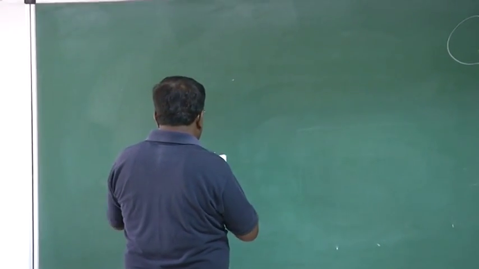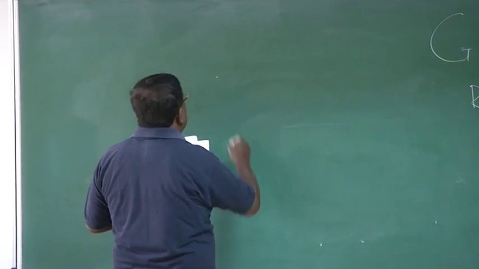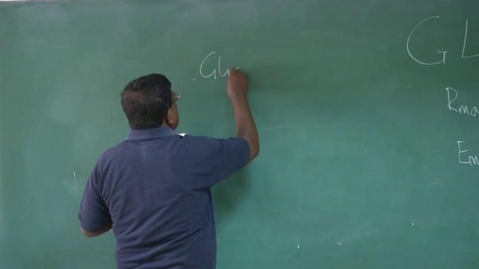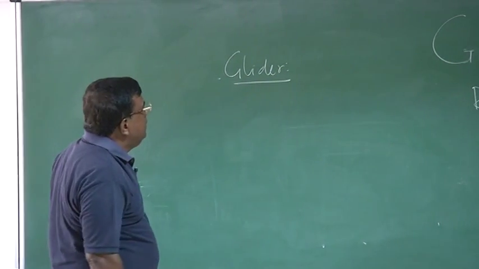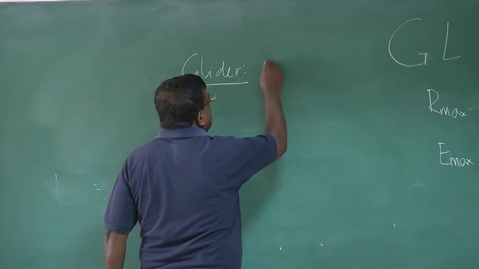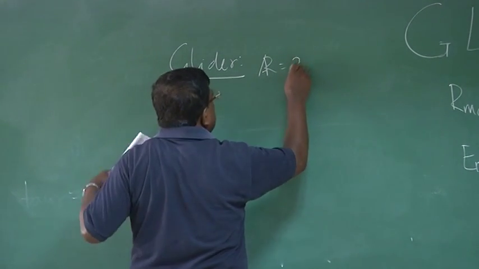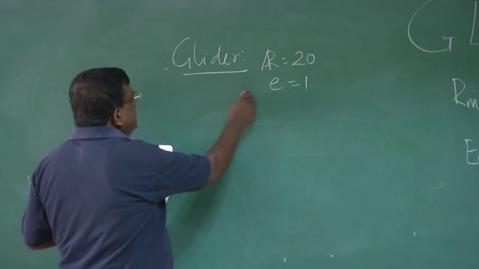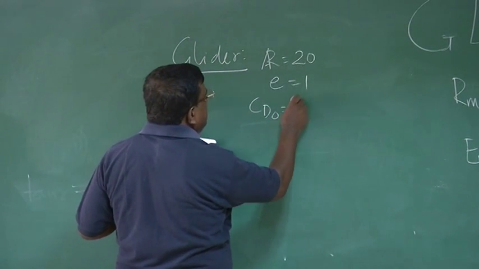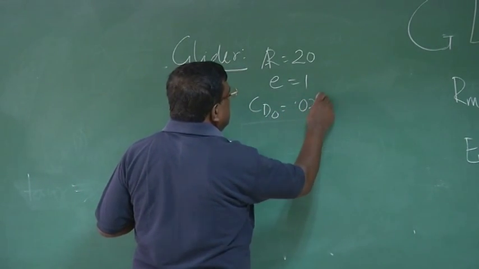Let us take a typical example. Take a case of a glider. The aspect ratio is around 20. Let's say E is 1 for simplicity, and let's say CD naught for the glider is 0.020.